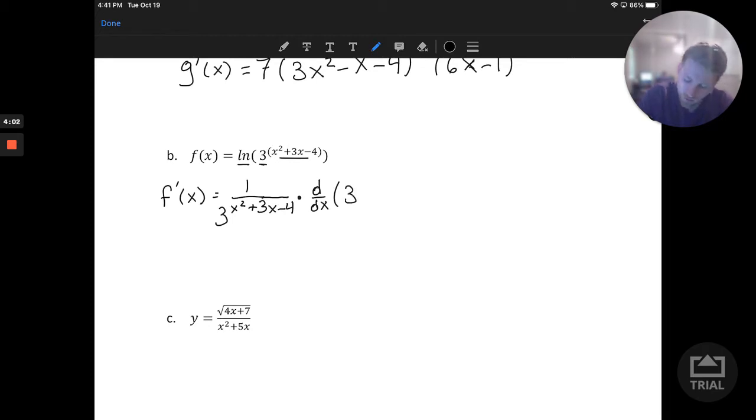So that would be the derivative of 3 raised to the x squared plus 3x minus 4.